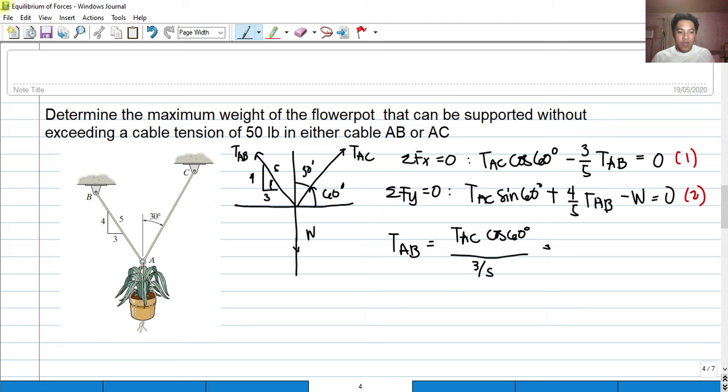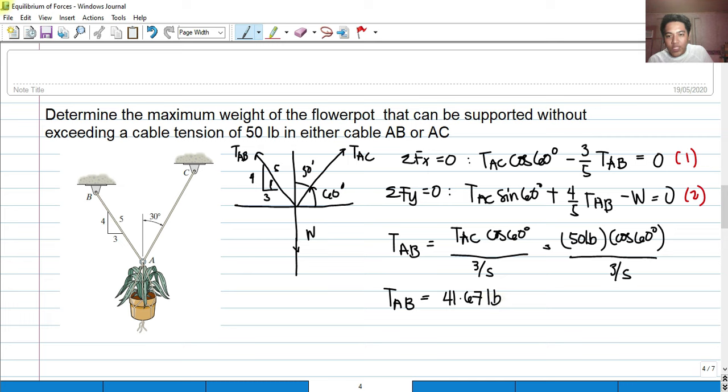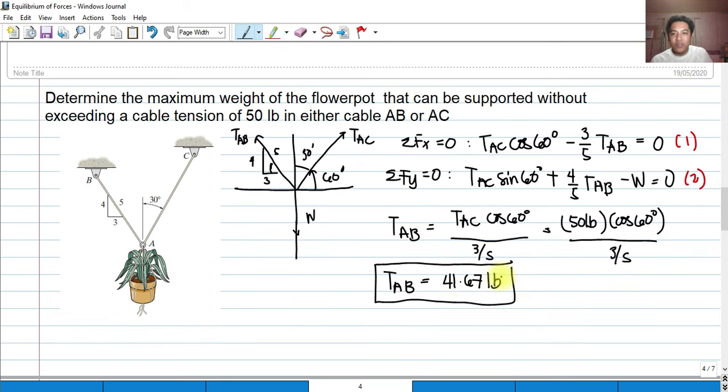T sub AB is always less than T sub AC. So we have 50 pounds cosine of 60 degrees all over 3/5. Our T sub AB would now be 41.67 pounds, which is again less than T sub AC. Before it reaches 50 pounds, T sub AC is already at 50 pounds.